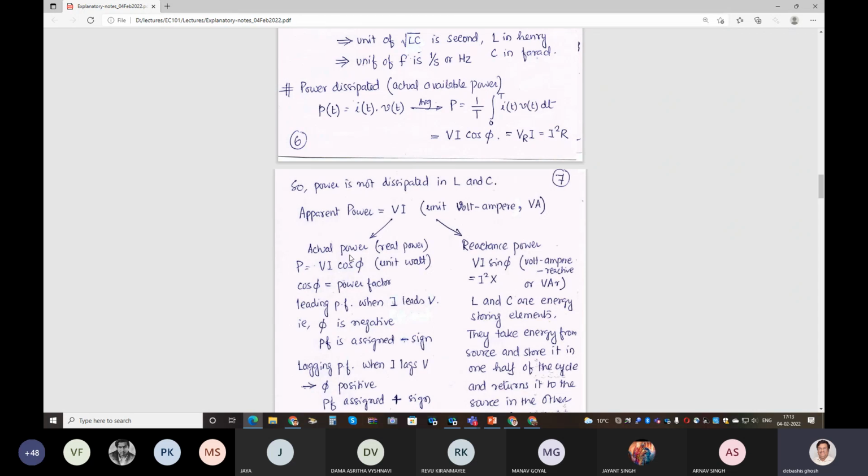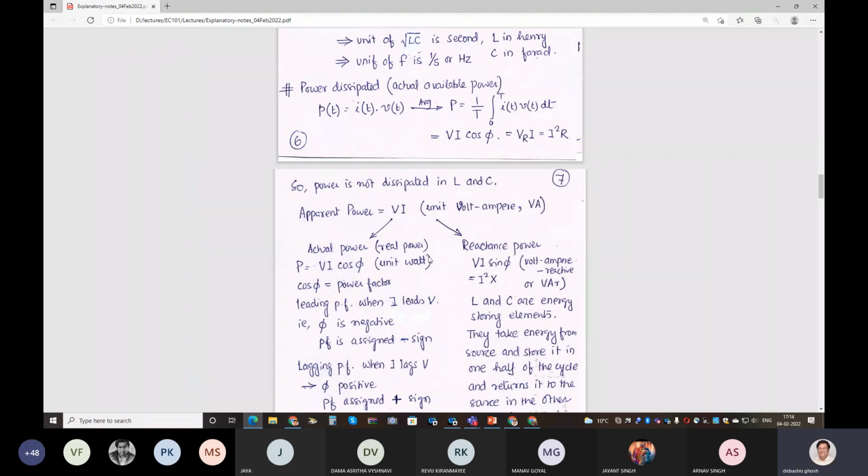Mostly it happens that the money we pay for our electric bill is for VI. Because in this reactor we are actually using VI cos phi, but you are paying for VI, the apparent power.